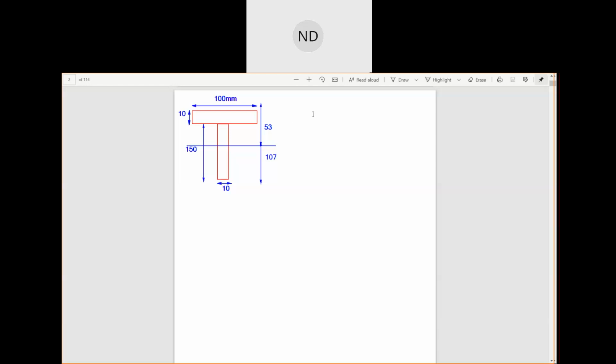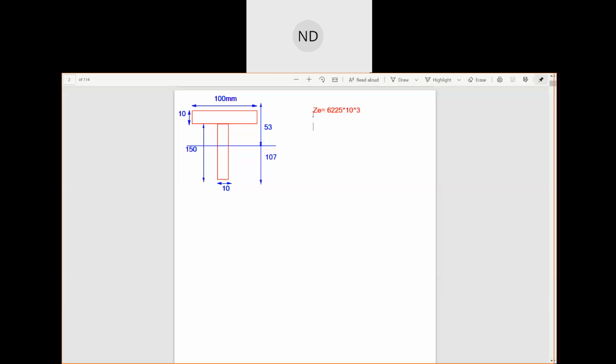We had calculated our ZE to be 6.225 into 10 to the power 3.